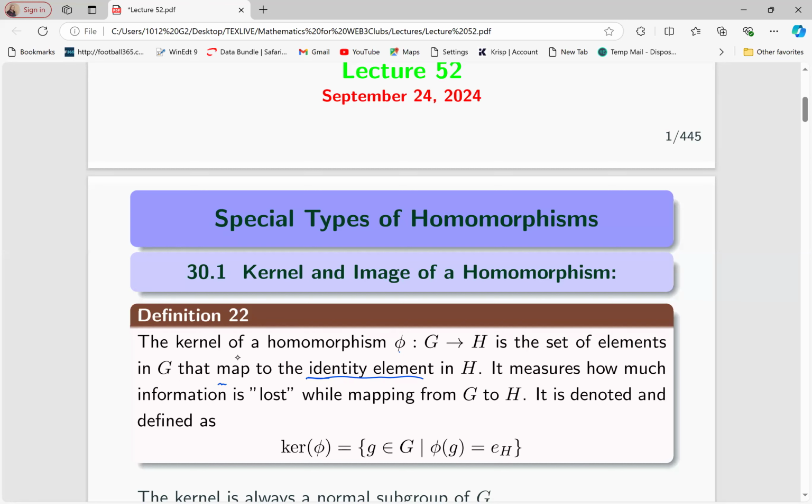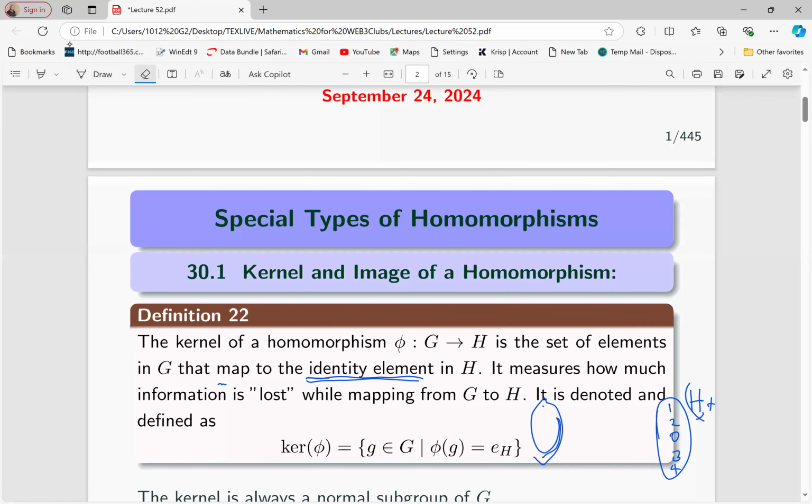For instance, suppose this is our H, with elements 0, 3, 4. And let me say that this H is an additive group so that the identity is 0. And suppose we have a group G with elements x, y, w, n. I just want to illustrate what we mean by the kernel so that we proceed.